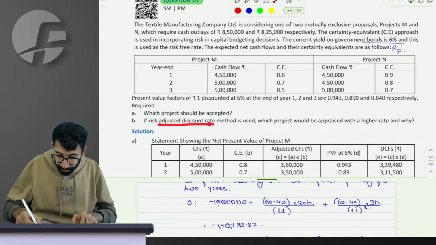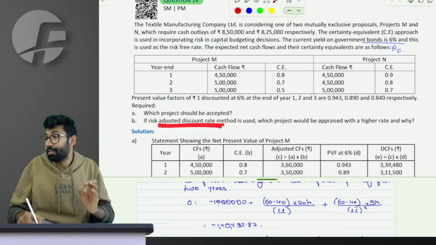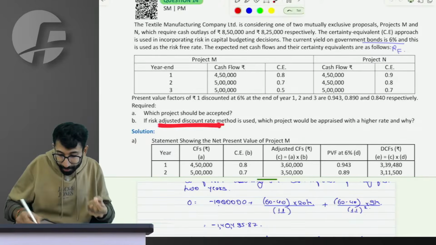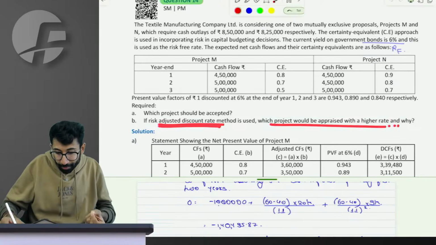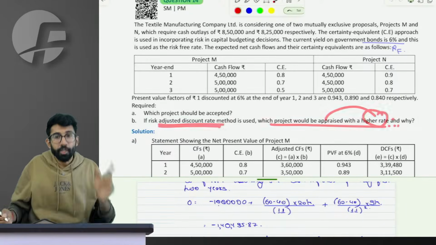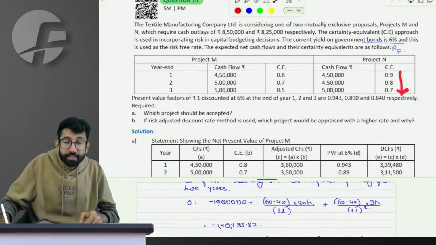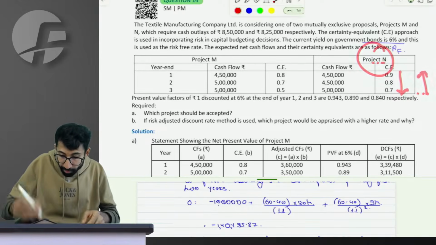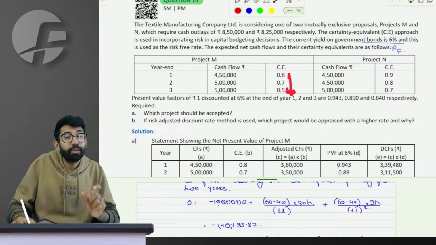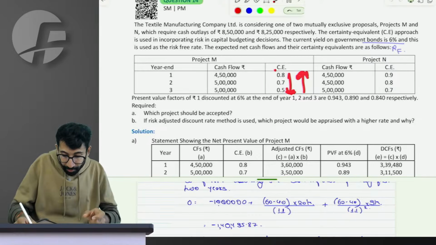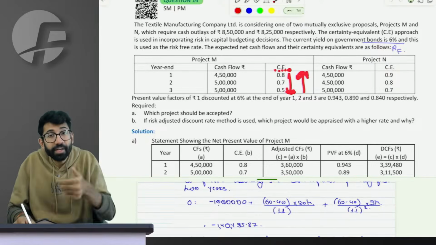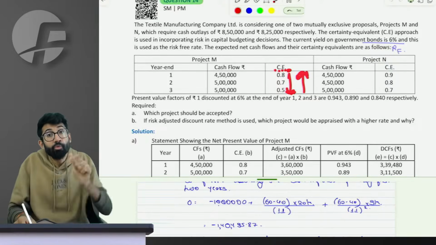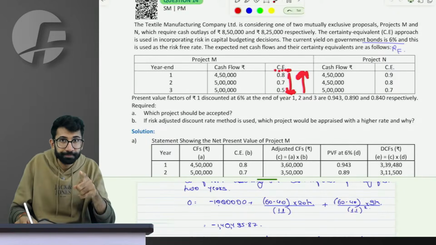As per the risk adjusted method, the second part is really important. As per the risk adjusted method, which project will be appraised with a higher rate? Do you agree that due to the lower certainty equivalent factor, we see that this one has a higher risk, which is why it is less certain, more uncertain, more risk.